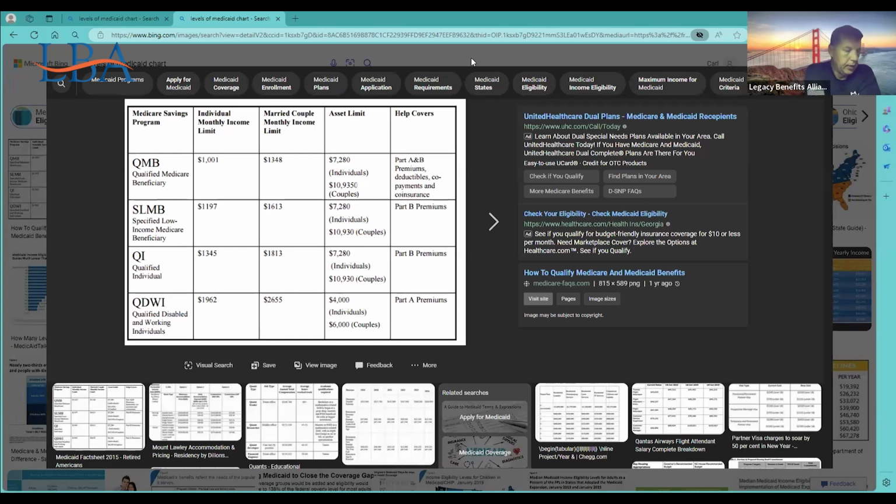Now, from my experience, to do your client the best as a Medicare agent, that would be the only program that you would look to point them toward if you're going to be the one signing them up.